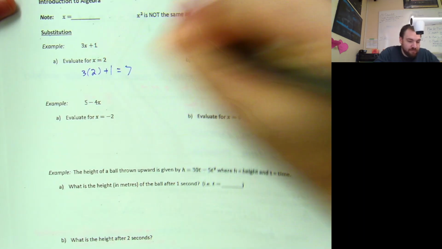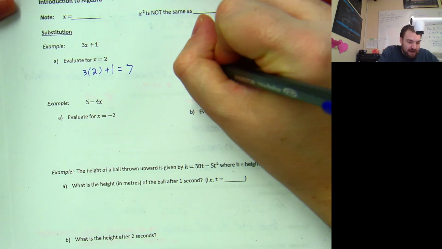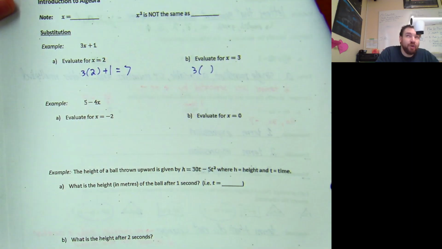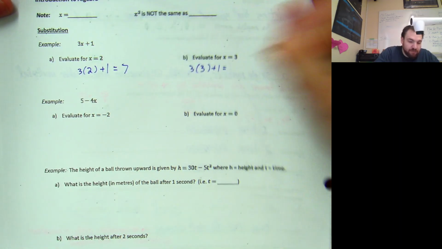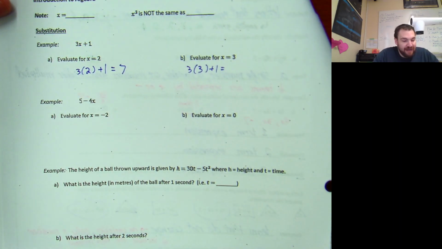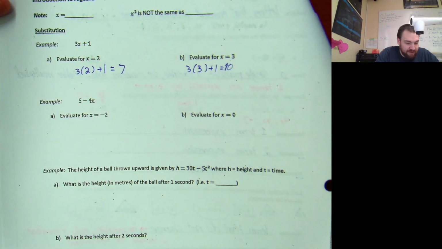And if I want to evaluate this thing for x equals 3, same thing. I replace my variable with a set of brackets. I put my value that I want to substitute inside that bracket. Evaluating 3x plus 1 for x equals 3 is going to give me what value? Nika, 10. Good. Love it.